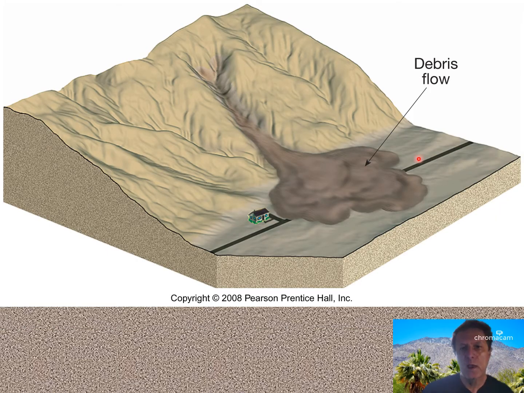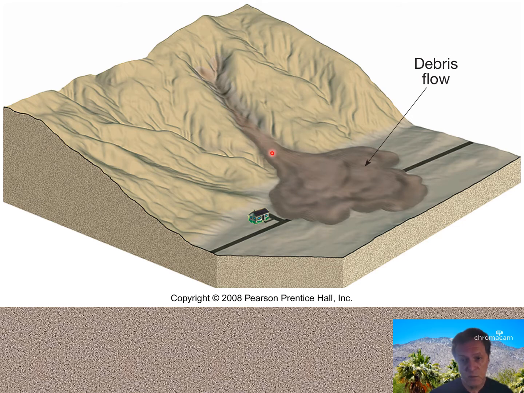Here in California, we have many of these types of failures. It's called a debris flow. A debris flow is caused by a collection of loose material in a very steep canyon. And we do get a lot of rainfall during some of our winters that saturates this loose material in a very steep canyon, and then it goes.